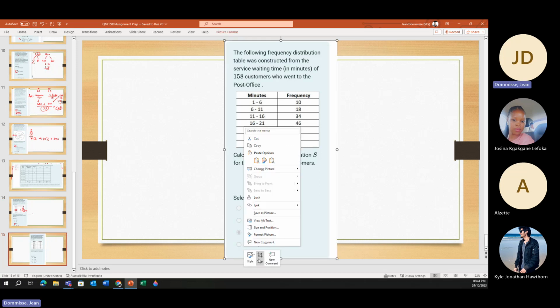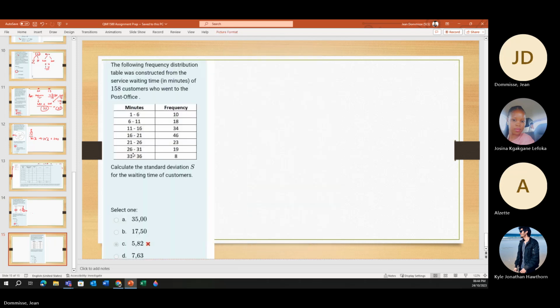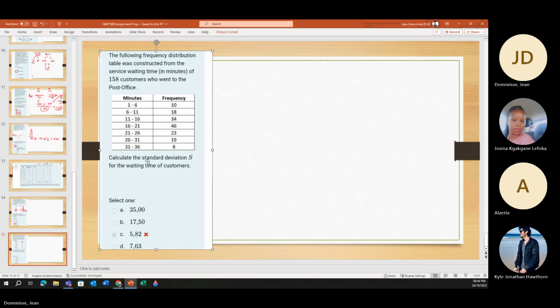Another frequency one. Okay, so here again standard deviation.